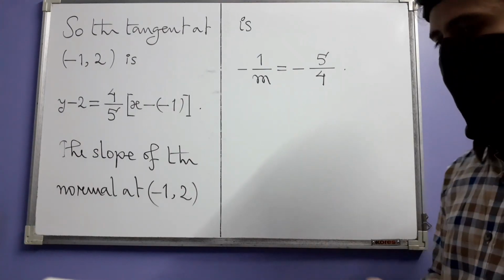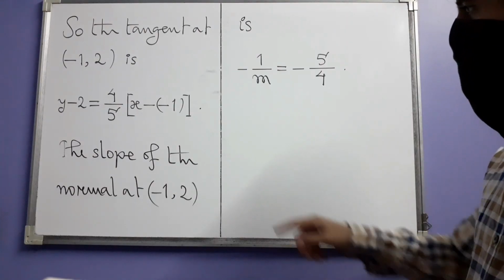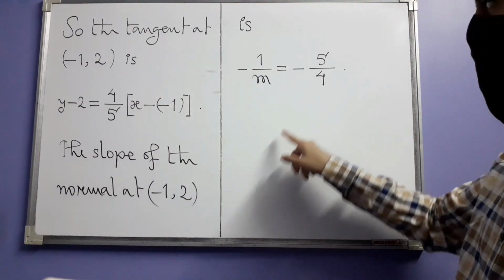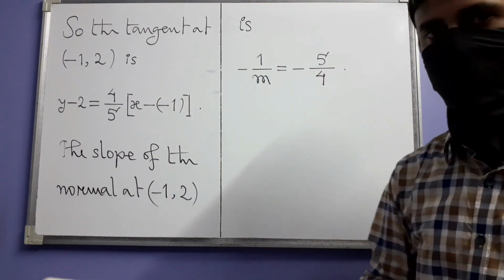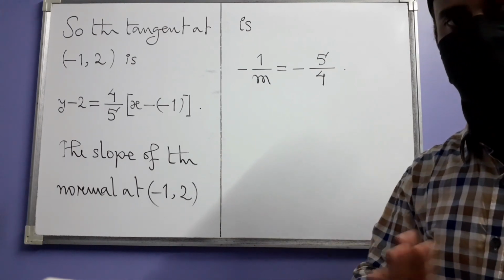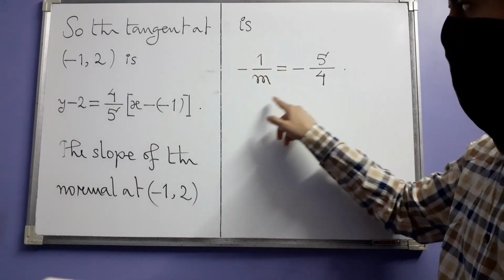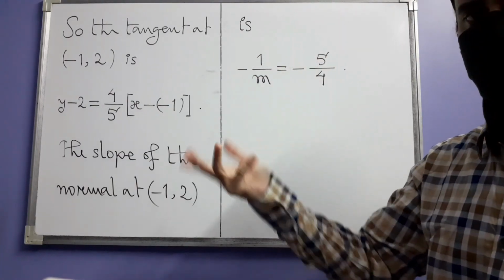The slope of each one is the negative reciprocal of the slope of the other. So that one was 4 divided by 5, so it will be minus 5 divided by 4. And now we can similarly write the point slope equation of the normal through this point. And it is just to write this that I gave the slope a name, m.